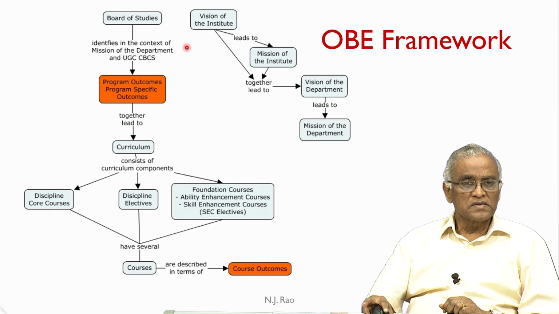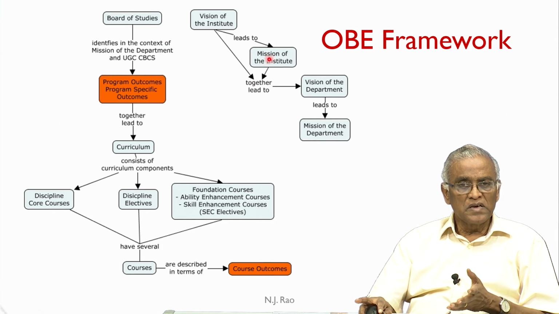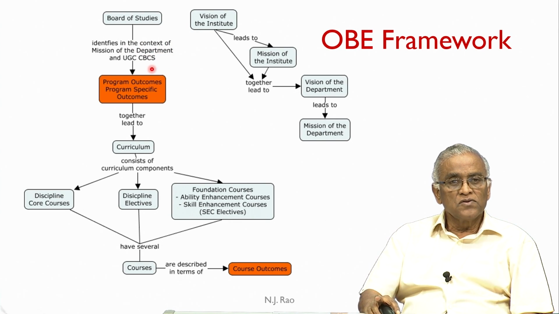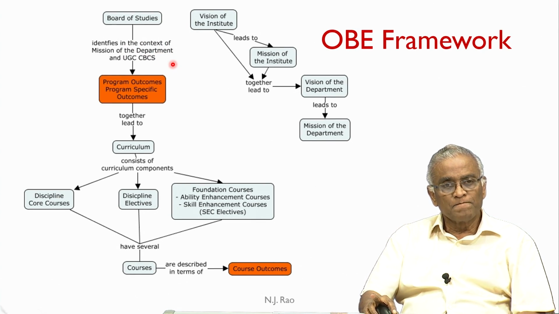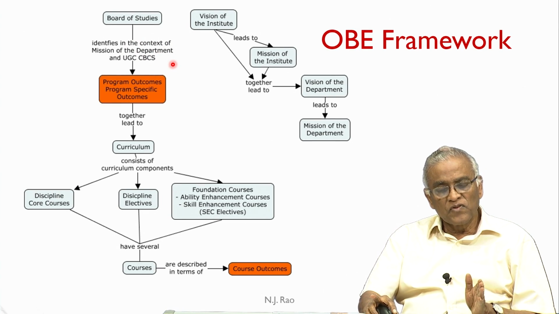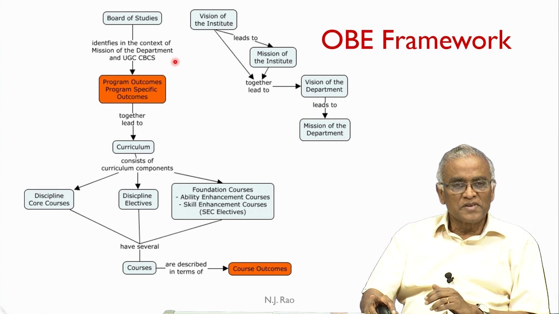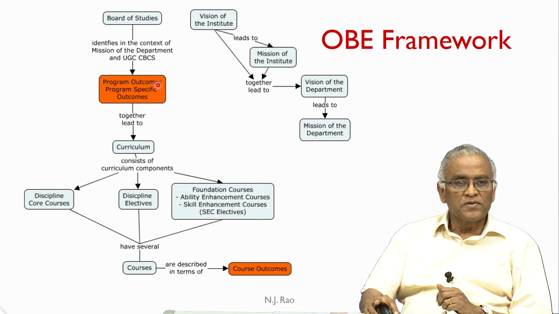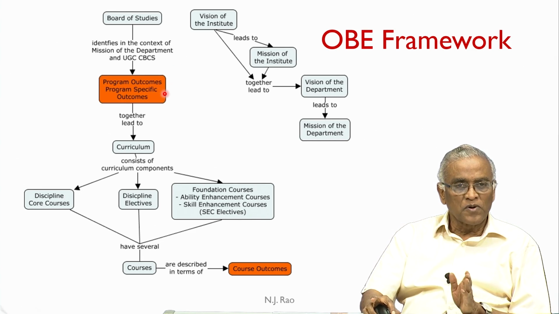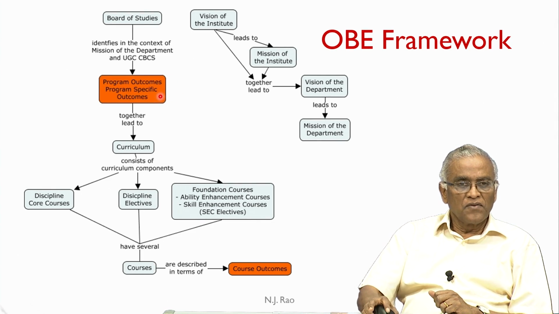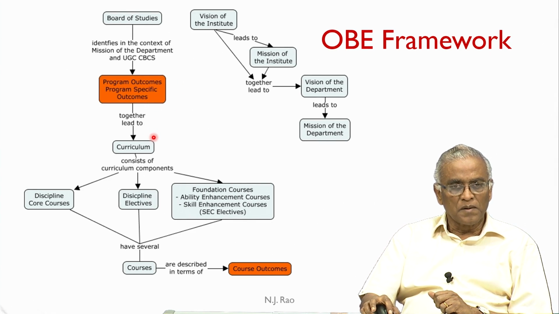And the board of studies, keeping the vision and mission of the department, identifies in the context of the mission of the department and the UGC CBCS, which we will elaborate later, that is choice based credit system, the program outcomes and program specific outcomes. These two together should lead to the curriculum.